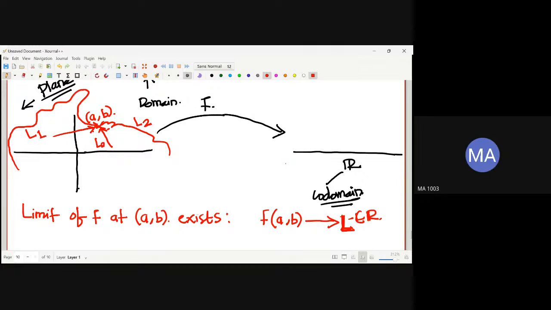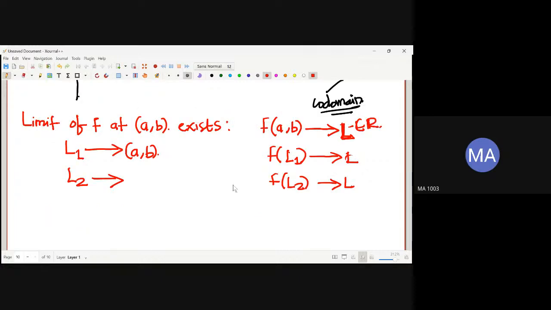If I'm coming to this point L1 using this path to a, b, in that case also, whatever path you are using, this should converge to this point L. If I am using this path, in that case also this should converge to L. So whatever possible direction you can take, the value of the function should approach this number L.